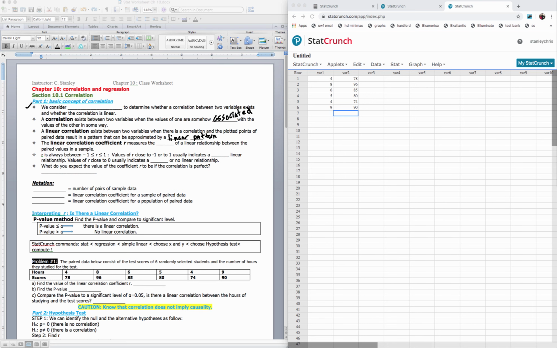Now R, the linear correlation coefficient, is very important. This R measures the strength. We'll talk about that in a second, but I'm going to give two scatter plots that are both increasing about the same.